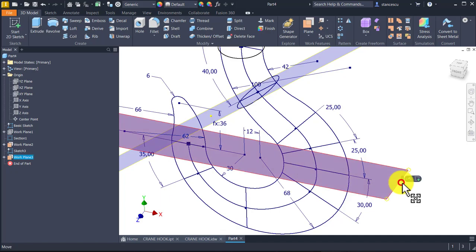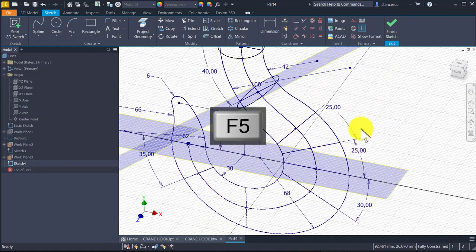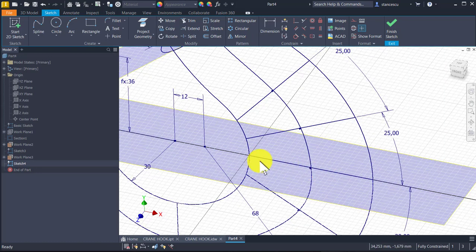Yes, I select the plane, I apply new sketch, F5 to see the same presentation. I project this endpoint, I project this endpoint, I draw a circle with the center here.